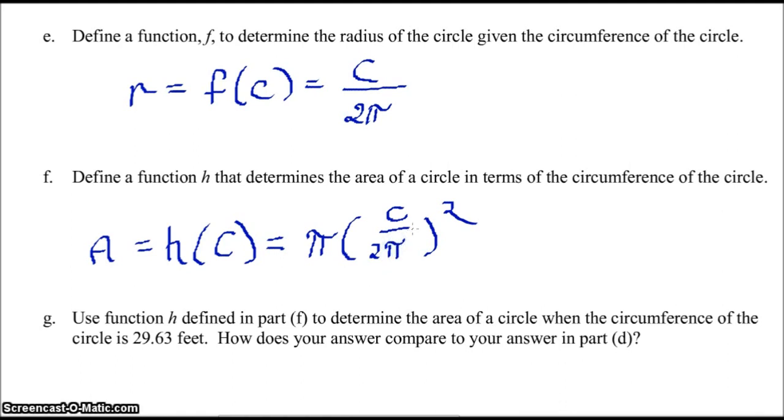Pi times C over 2 pi squared. Now, this is totally correct, but we should probably get into the habit of simplifying, because we're going to start simplifying more in this course. So this is simply pi, and then C over 2 pi squared is C over 2 pi times C over 2 pi.